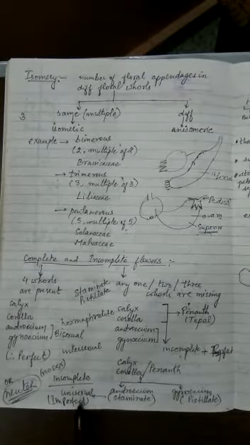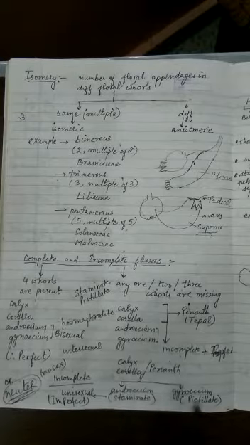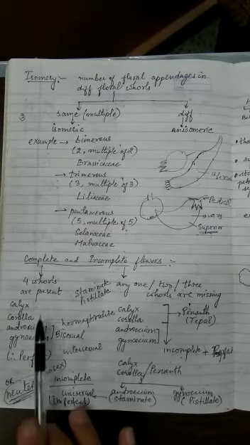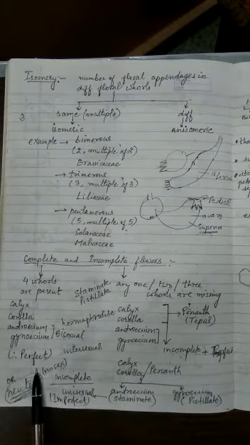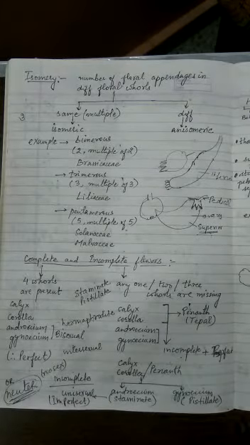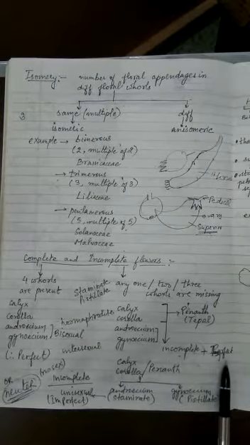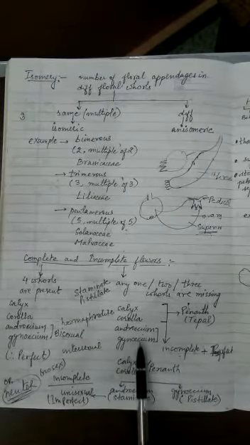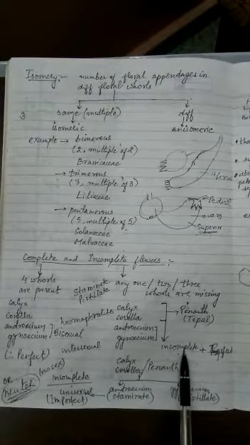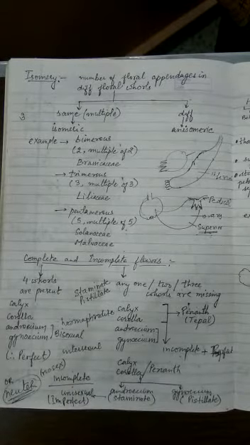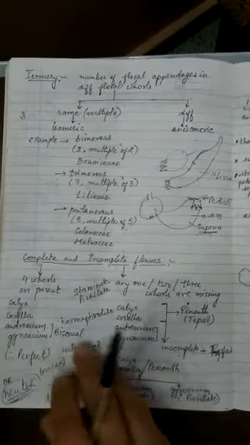Then in that case the flower would be incomplete as well as imperfect. So that means all complete flowers are perfect, but an incomplete flower can be either perfect, if both sex organs are there, or imperfect, if only one sex organ is present. I hope this distinction is clear to you.